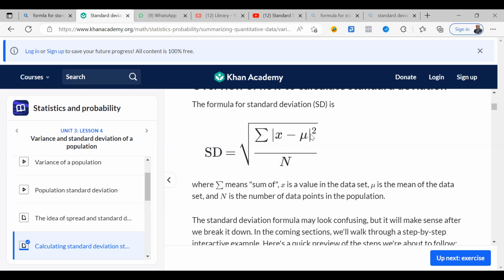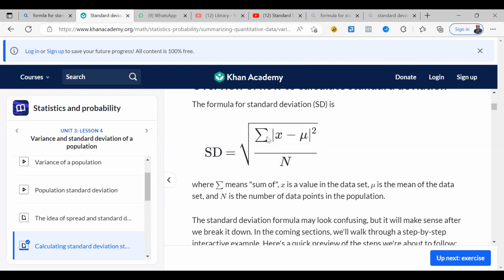So after you have done that for the 1,000 of them, the results you got, you will now square each of them. That's a long calculation now. So you square each of them for that 1,000 birth weights. After squaring, this symbol means sum, so you now add it up.